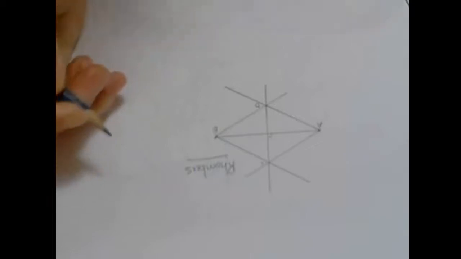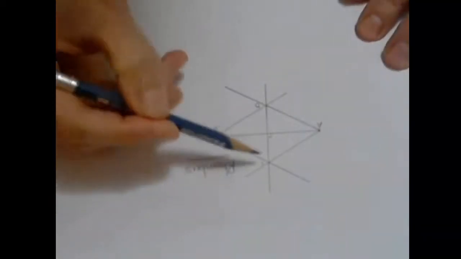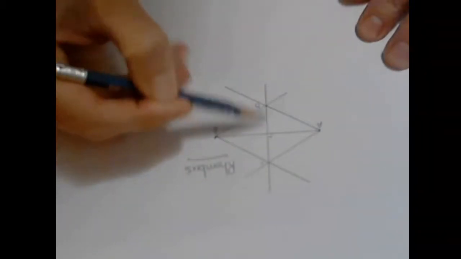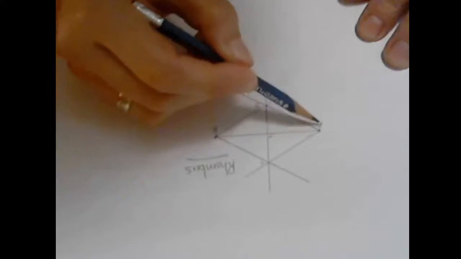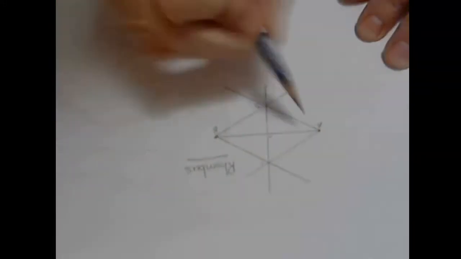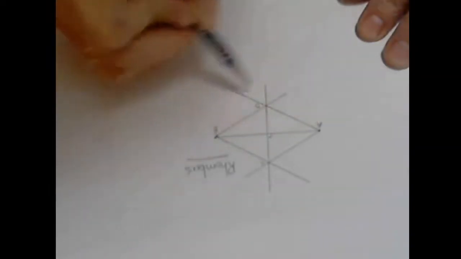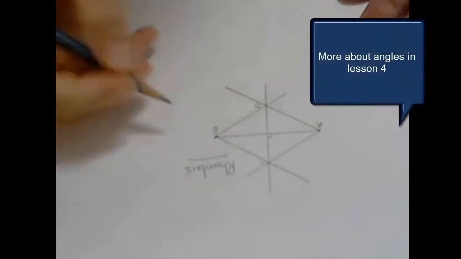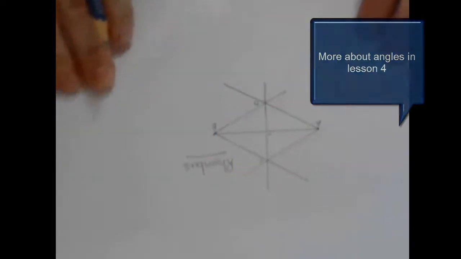A rhombus is interesting in that not only does this line perpendicularly bisect line segment AB, but it also bisects angle ACB and angle ADB, as well as bisecting angle CAD and DBC. So there's a lot of bisection going on with this shape, which is very interesting.